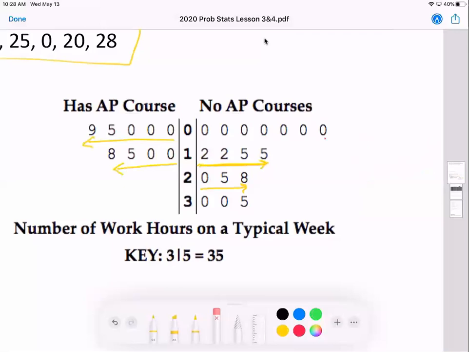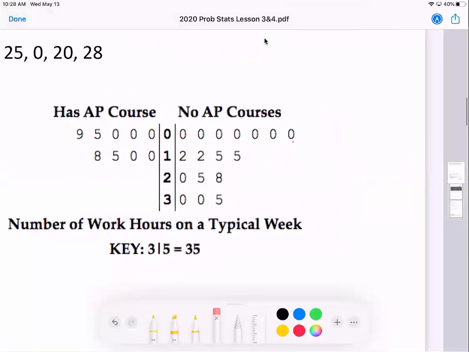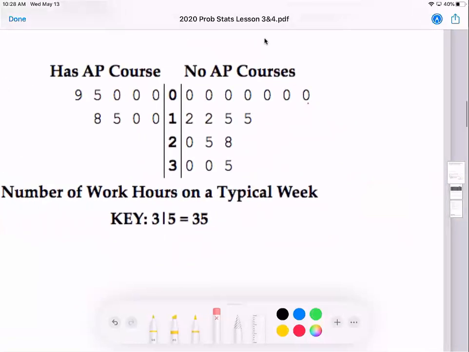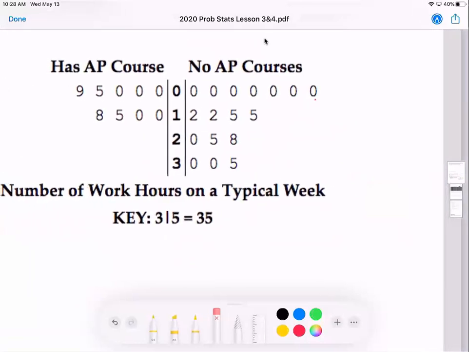Okay, so the question is, compare the centers. So when we compare the center, which one would you say has AP course or the non-AP course students? Which one of these sets of numbers would have a higher average or a higher center?